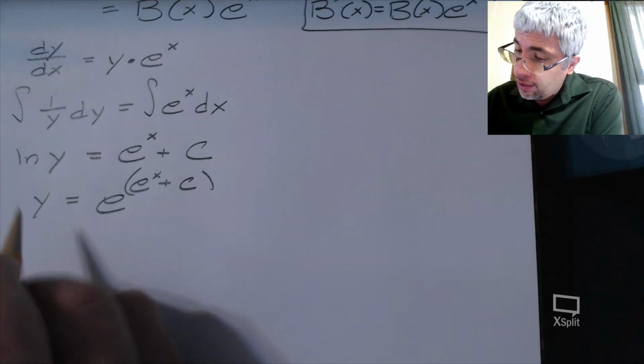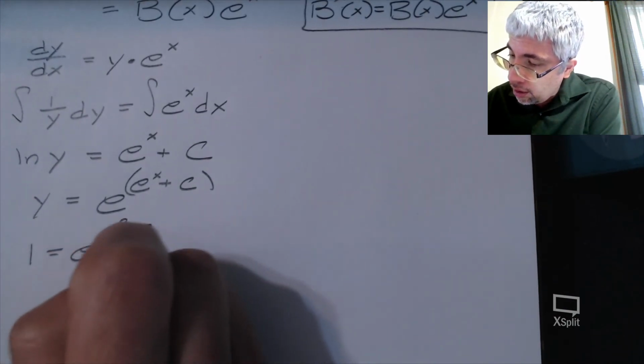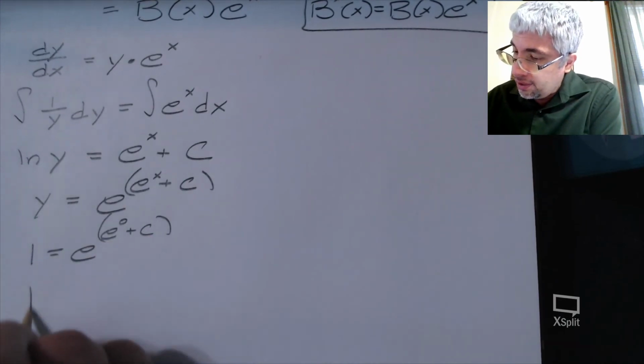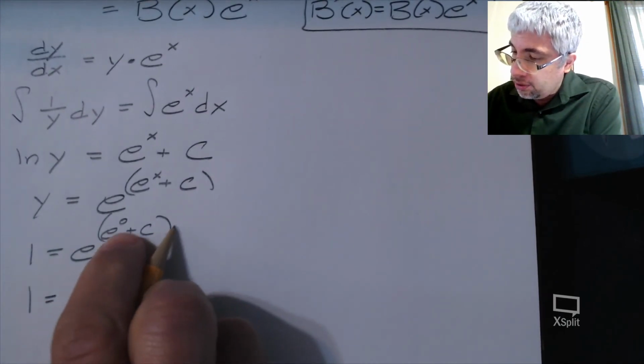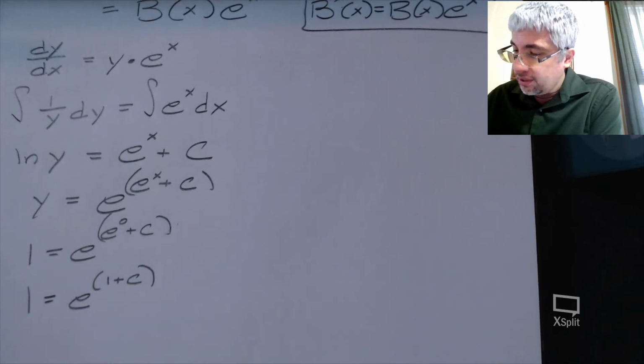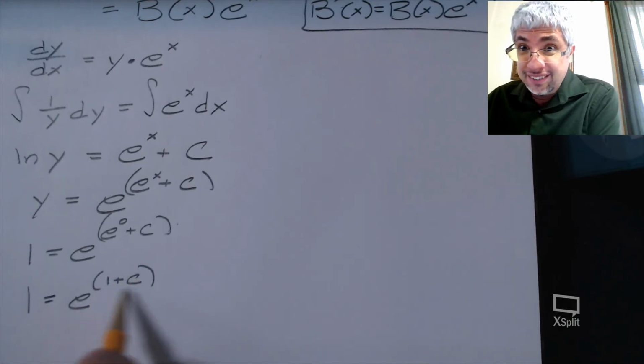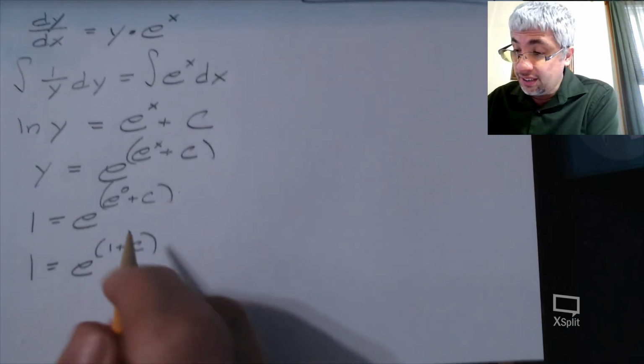So if I get 1 out when I plug in 0 for x, well, 1 is equal to e to the (e to the 0, which is 1, plus c). And the only time I'm going to get e to the something equal to 1 is if that something is 0, so 1 plus c is 0.